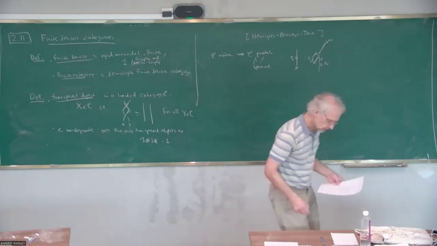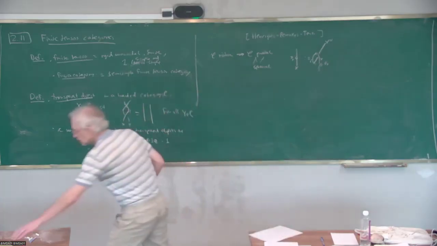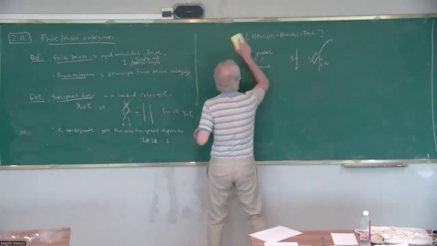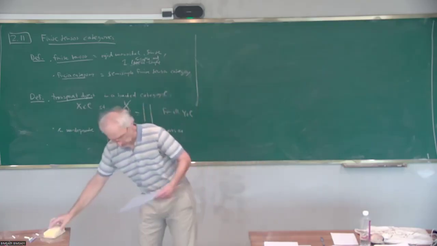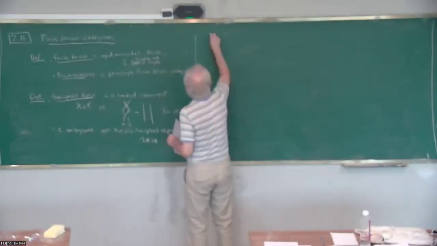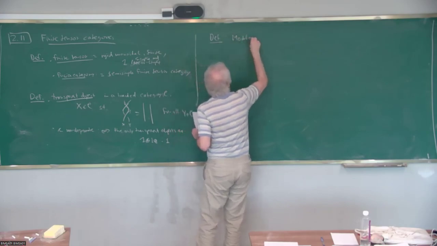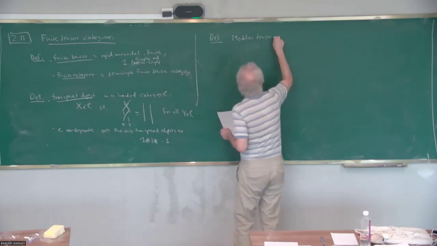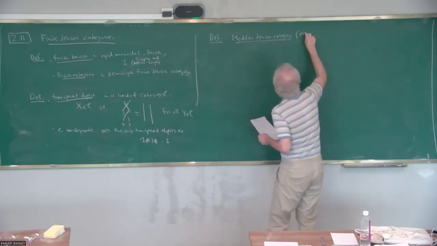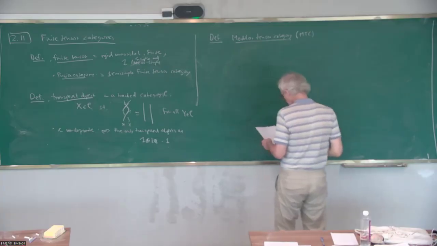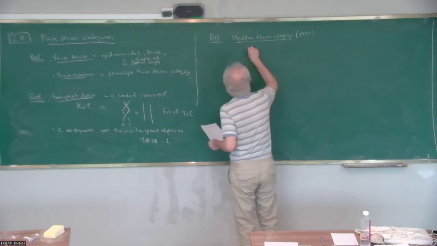And then finally, a modular tensor category, often abbreviated as MTC, is a finite ribbon category with non-degenerate braiding.